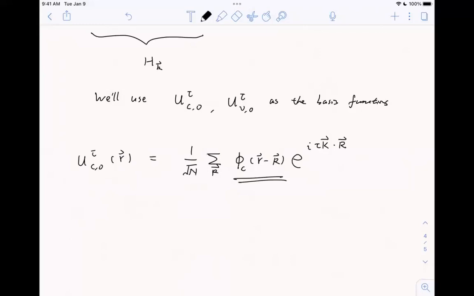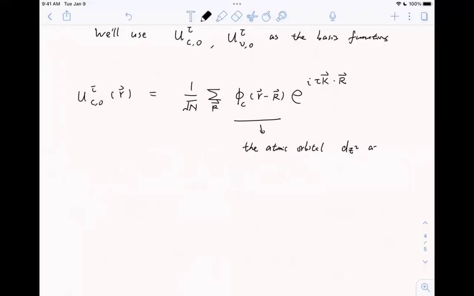This is the localized atomic orbital, and we know that it is dz square at the R site.